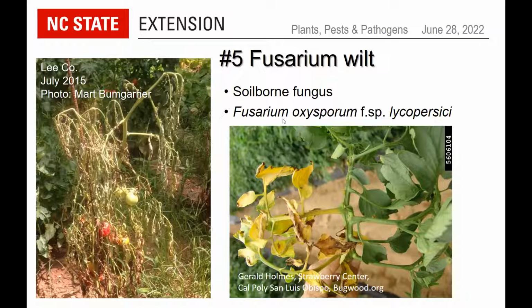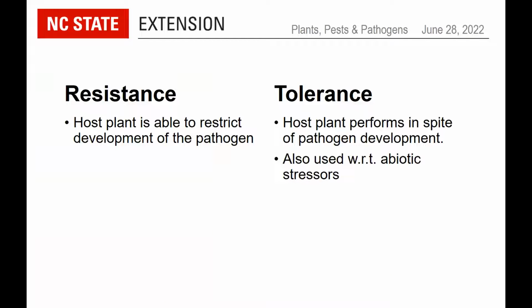So VFN was how these were designated, and it's important to keep in mind some differences in terminology that may be out there. Talking and emailing with Charlotte, I agreed to mention this point briefly. In terms of how plants respond to certain pathogens or disease-causing microorganisms, we have 2 different terms: resistance and tolerance.